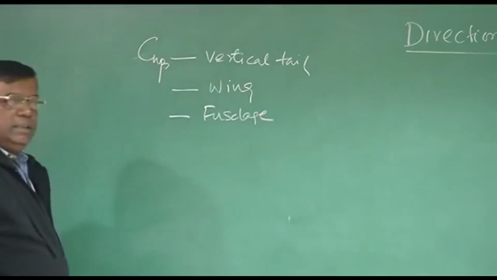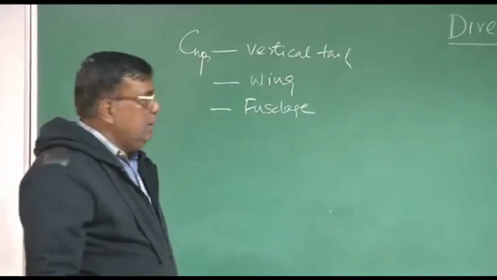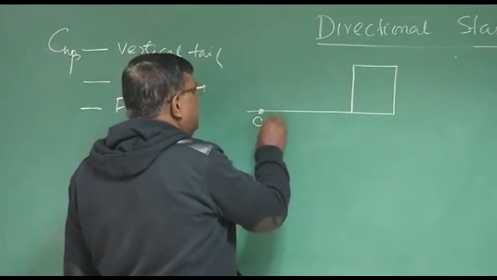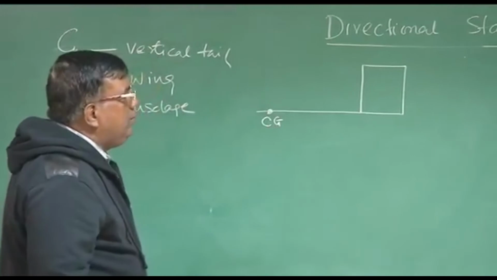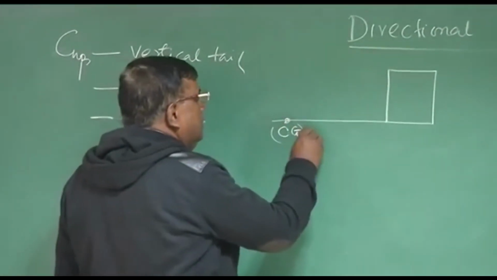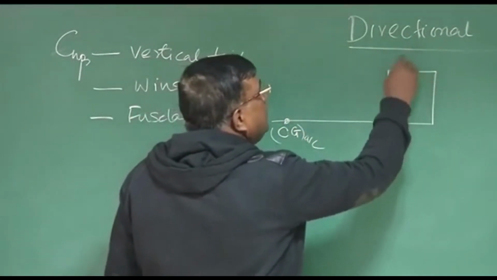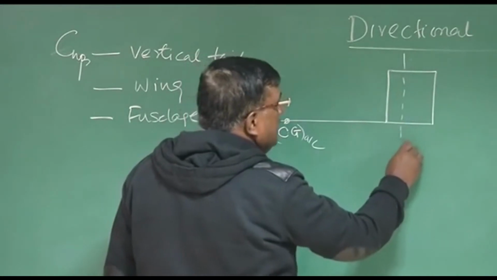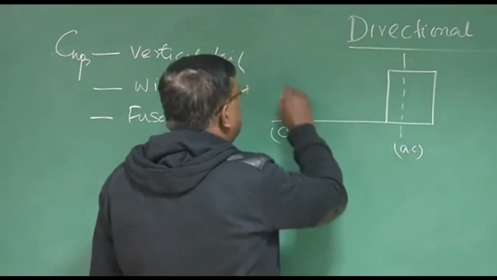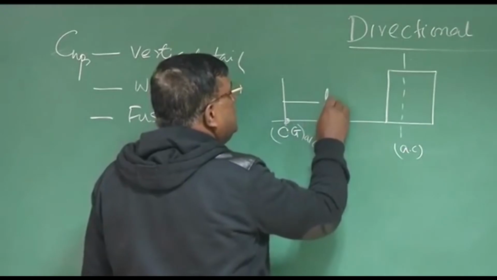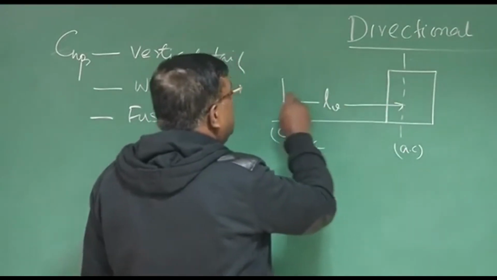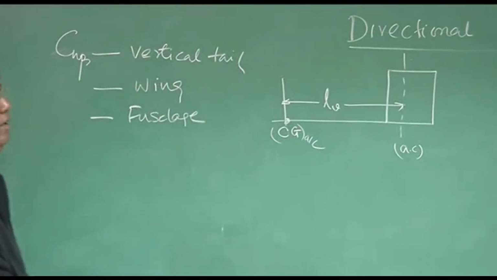Let us see first the contribution due to vertical tail. Okay? I am making a simplified diagram. This is the center of gravity of the airplane, and let's say this is the vertical tail, and this is the AC of the vertical tail, and let me write this distance as LV, that is distance between the AC of the vertical tail and CG of the airplane.